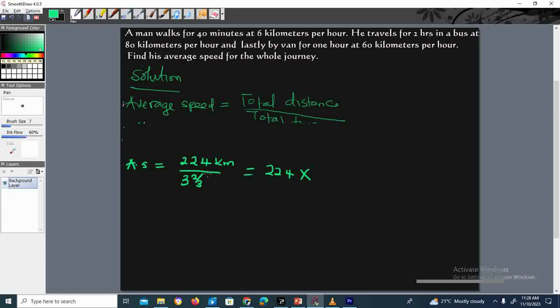Then we take the reciprocal, so it's multiplied by 3 over 11. This is going to give us a speed of 61.090909. This can be written as 61.09 kilometers per hour. That was the average speed for the whole journey for that man.